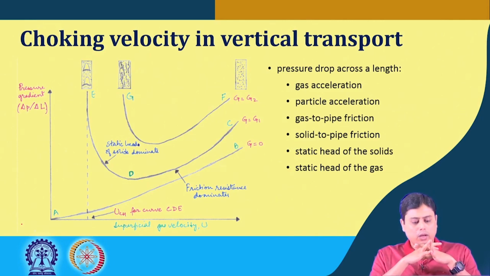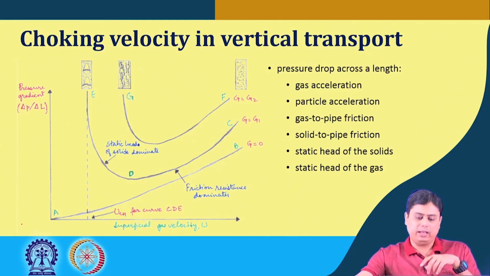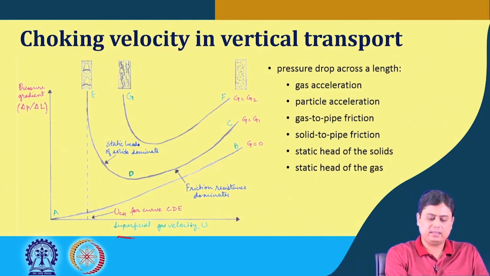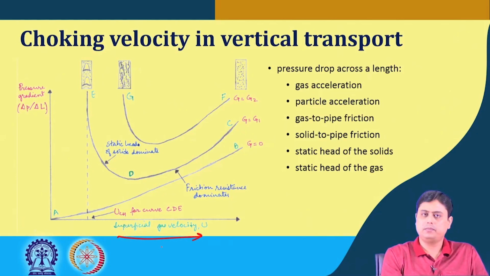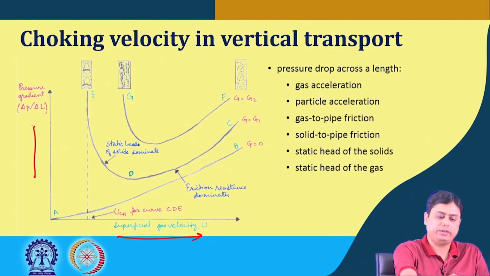So, if we look at the vertical transport in case of pneumatic conveying, say this line AB, where the x axis is the superficial gas velocity and the y axis is the pressure gradient.